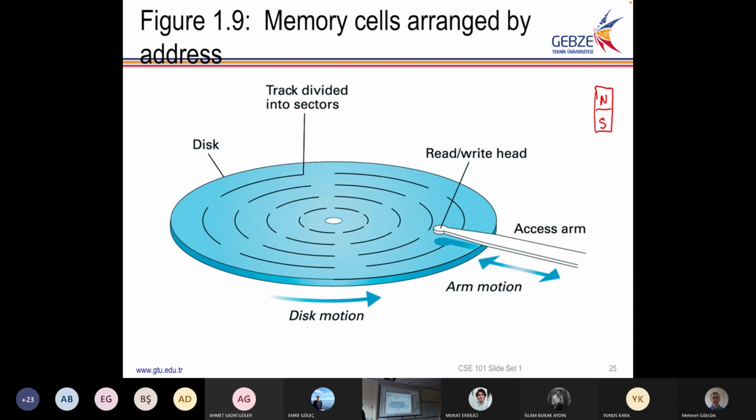If you put a neutralized iron near a magnet, what happens? This becomes polarized.